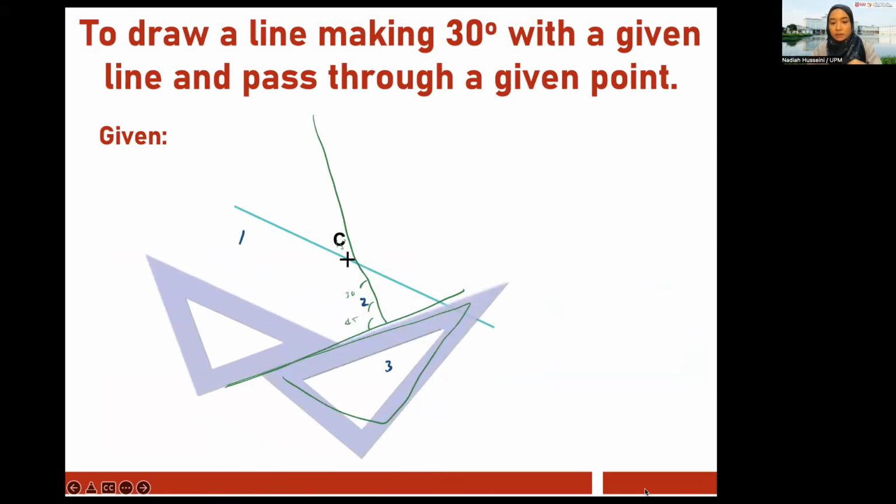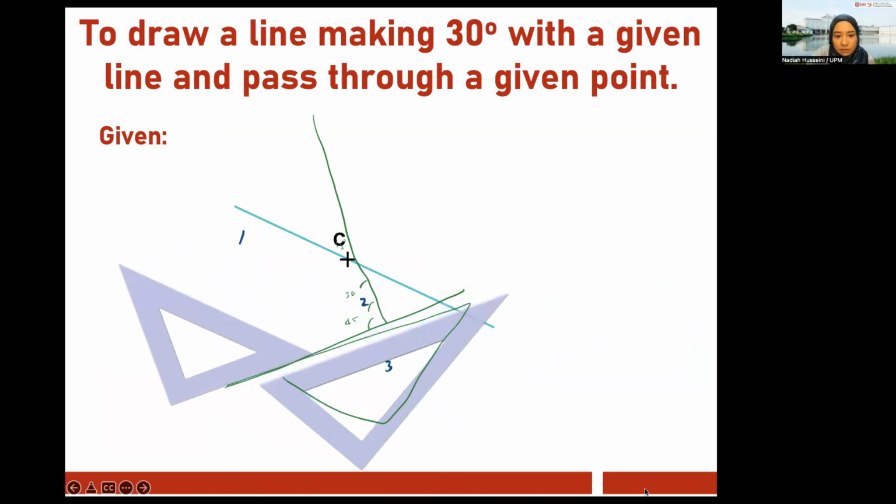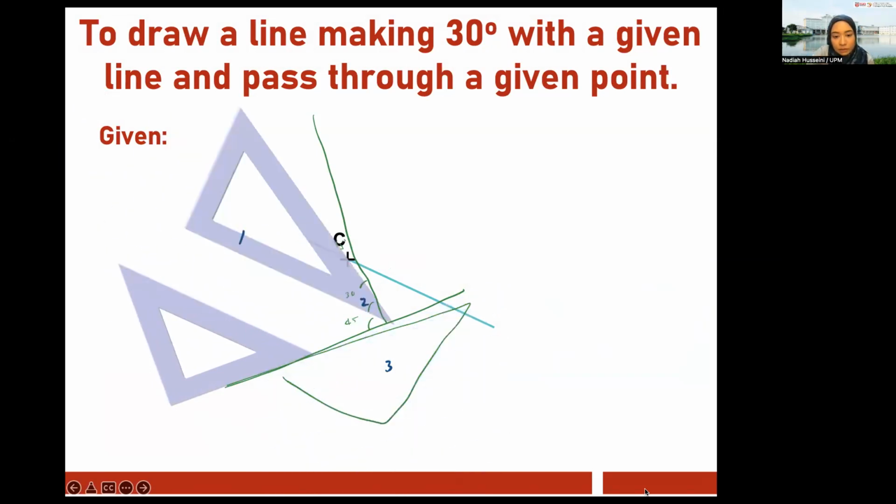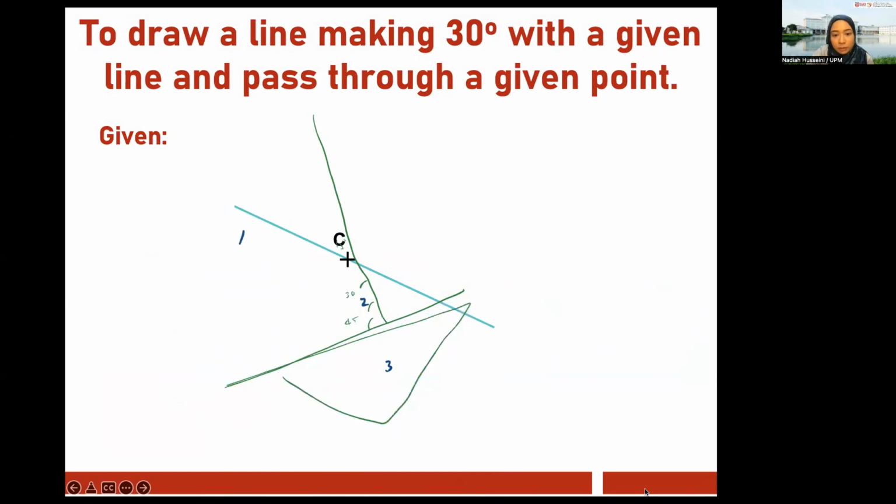Dah. Oh, ni 30 degrees. Kenapa saya lukis kat sini? To draw a line making 30 degrees with a line and pass through a given point. So this should be easy. Sorry again. Mula kita letak 45 degrees kita. Did I mess up this drawing? Kejap.